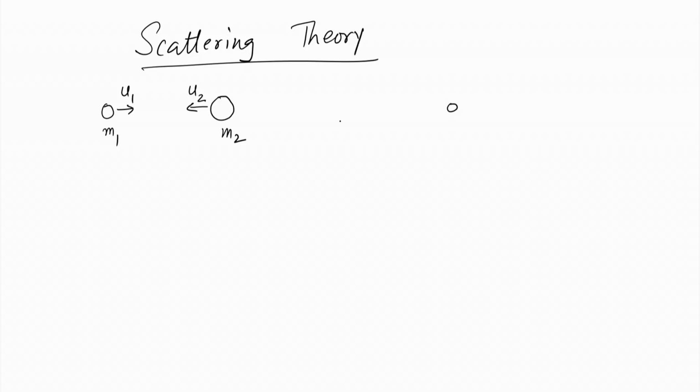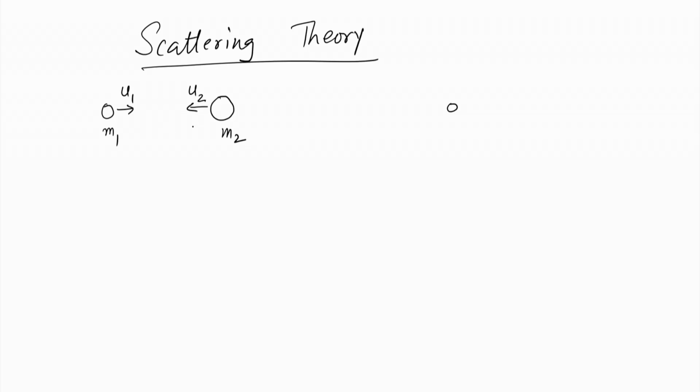Three dimensional scattering problems are slightly difficult, and we need a lot of input about the initial velocities in order to solve the problem. In one dimension, you have one momentum conservation equation and one energy conservation equation. We are talking about elastic scattering at the moment.